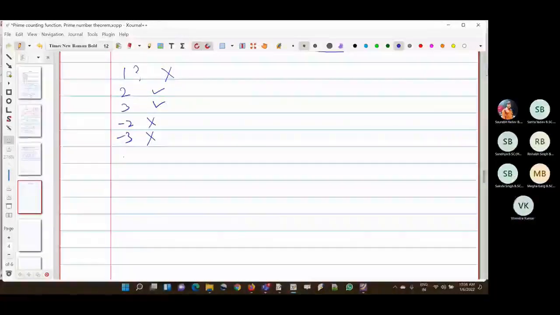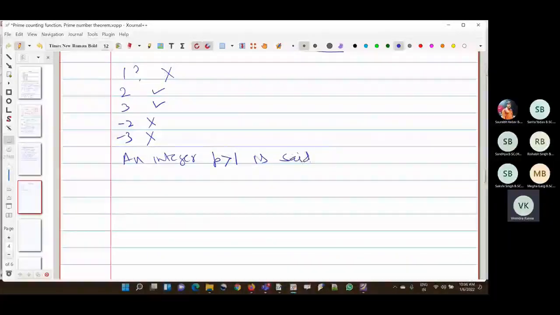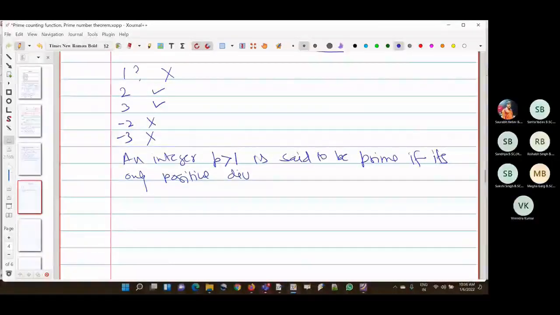Okay, an integer p greater than 1 is said to be prime if its only positive divisors are 1 and p itself.